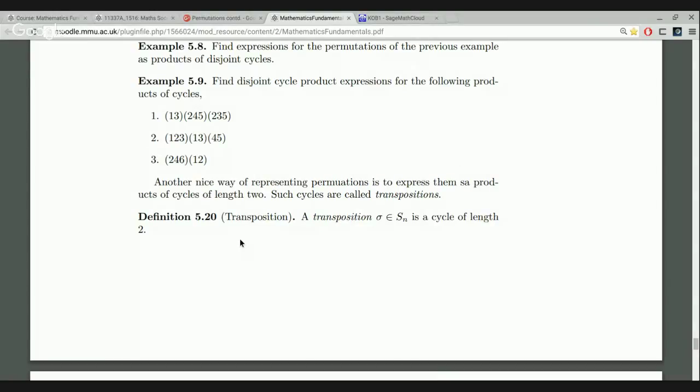The next one is 3, 1, 5, 2, 8. And this one here might be 7, 6, 3. So there's sigma presented as a product of cycles. When I say the word product, in this context, this group S10, the group operation is composition of the functions. That's what I'm meaning when I say product.